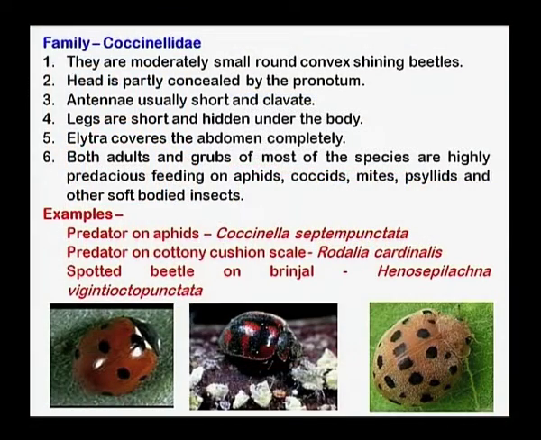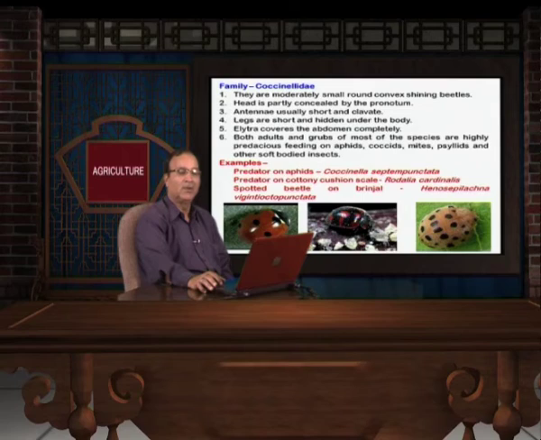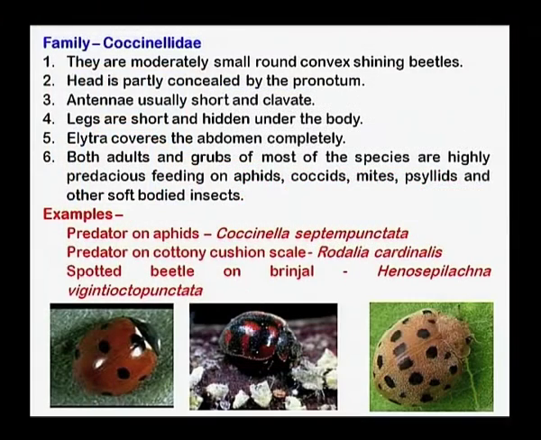Next family is Coccinellidae. This family is important because most of the predators of this order belong to this family, and predators are very useful for the destruction of harmful insects. They are moderately small, round, convex, shining beetles. Head is partially concealed by the pronotum. Antennae are usually short and clavate type.